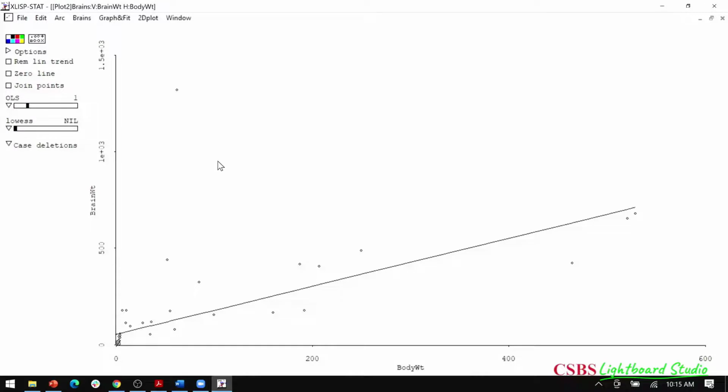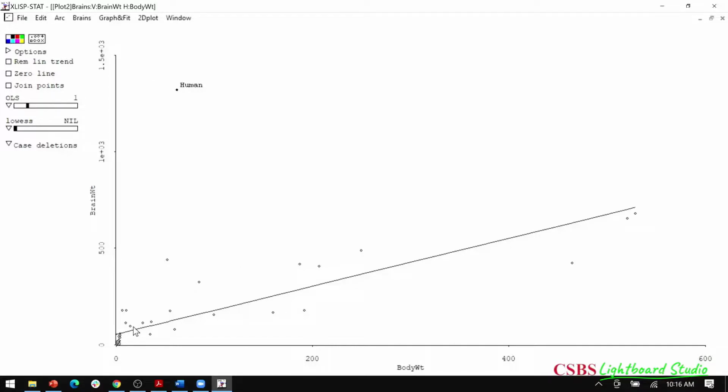Then we got this one over here. So this particular animal's got a fairly low body weight, but a high brain weight. What could that be? Big brain, relatively small body. Well, it's humans. So humans here may actually be throwing a wrench in the works as well, because it's a pretty stark outlier.